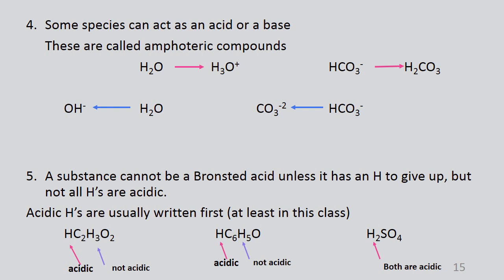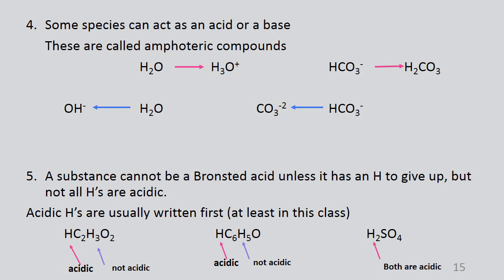And so that's why, like with C2H3O2, we write the H's differently, because the one H is acidic and can be given away, but the other H's are not attached in a way to be acidic, and so they cannot be given away. So that's why we separate them. So HC2H3O2, which is acetic acid, is only monoprotic. It can only give away one H.